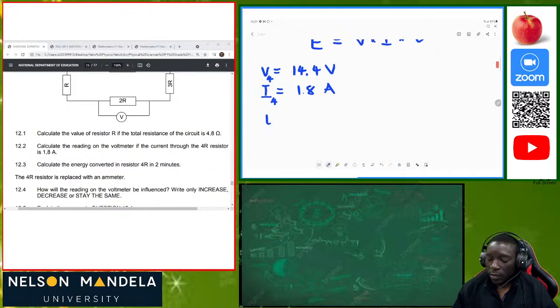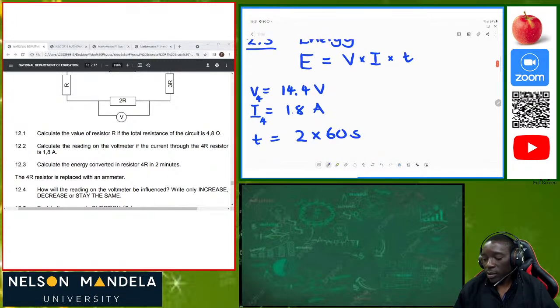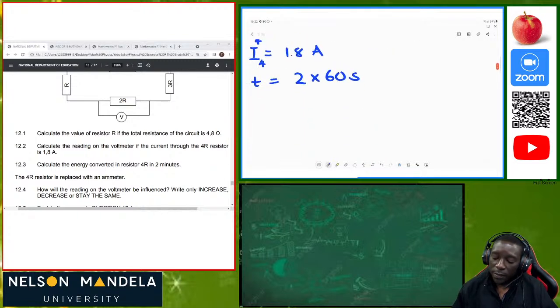And the time is 2 minutes, but we have to convert 2 minutes to seconds, which is 2 times 60 seconds. So the rest is just history, right? Which means we already have our energy. E equals 14.4 times 1.8 times 120.